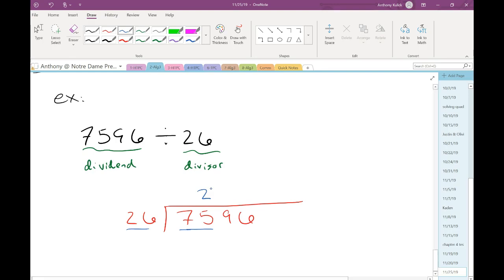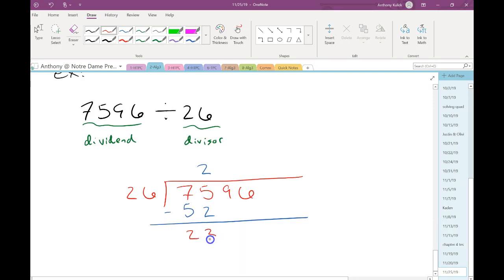And 26 is definitely more, so it's only going to be 2 times. So we do then 2 times 26, write it below the 75, and subtract down, right? That gives us 23, and then we bring down the next digit. Everybody's okay there?